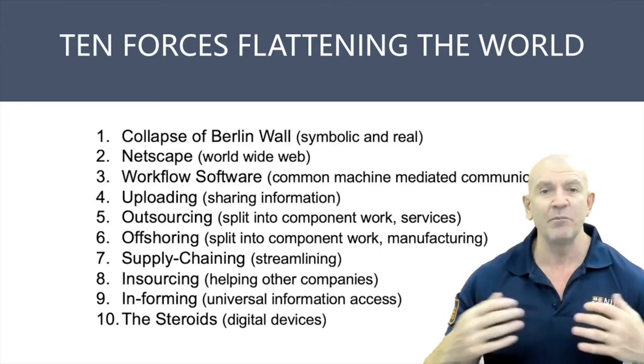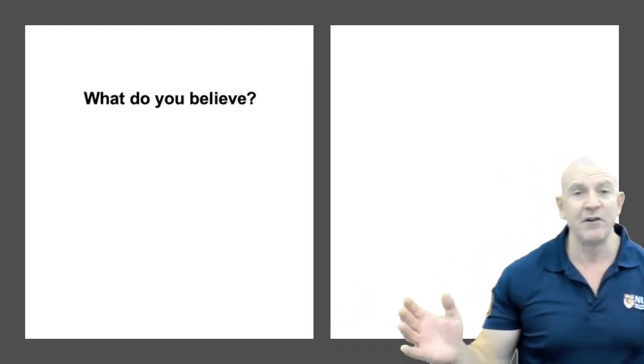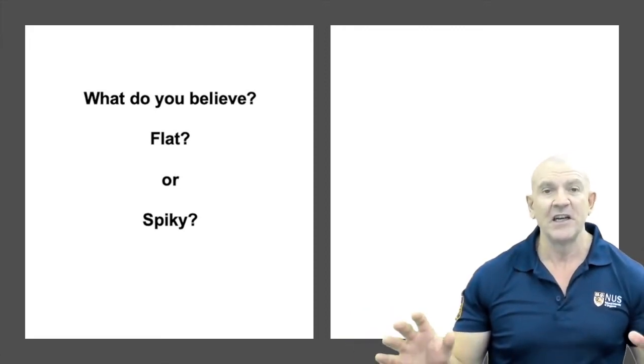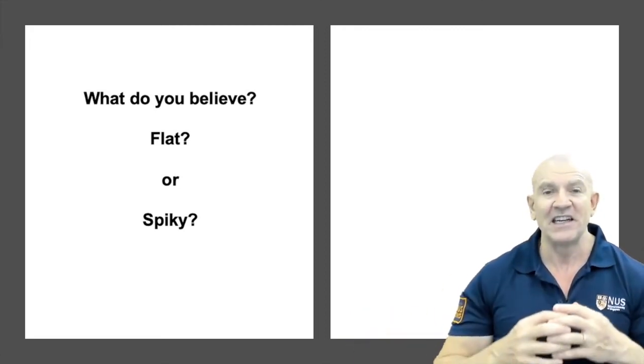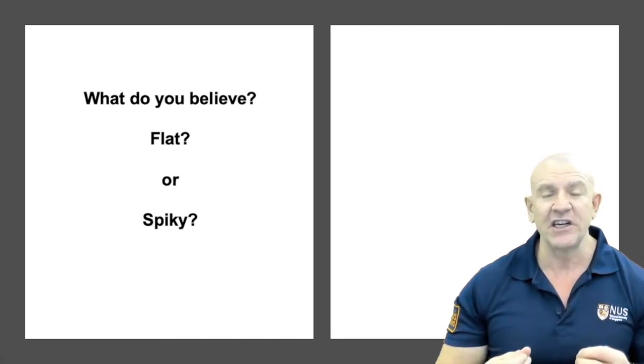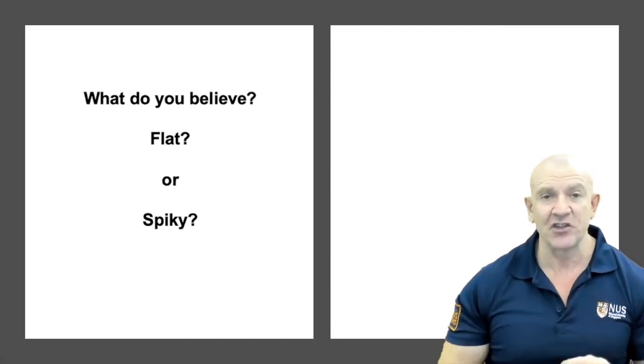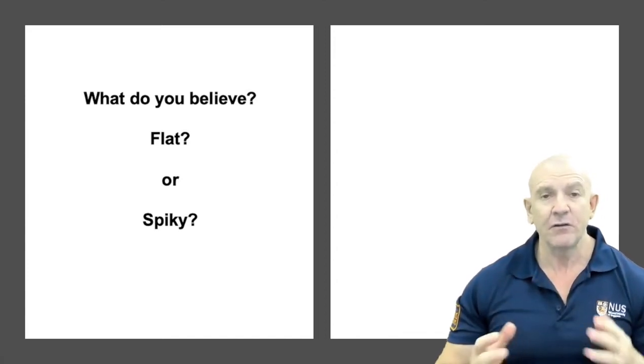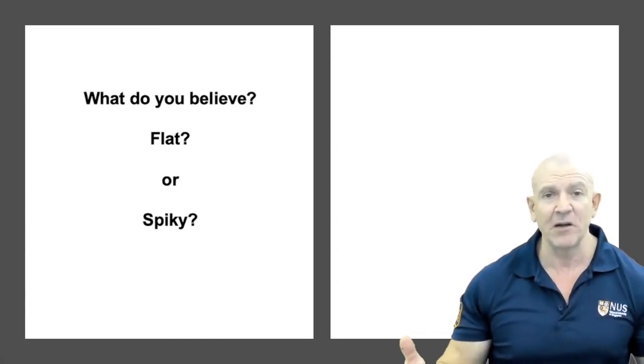So as a consequence, some people have argued the world is still spiky. Others say it's flat. So I'm not sure what you believe, whether it's flat or spiky, and there's no clear resolution to this debate. But one thing you have to think about is what does your conclusion about the nature of the world, whether it is flat or spiky, mean for the operations of your company?